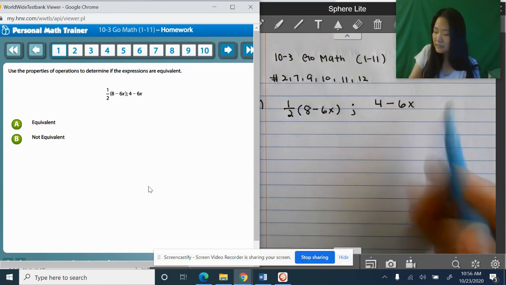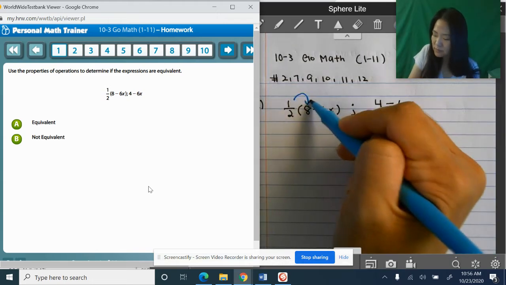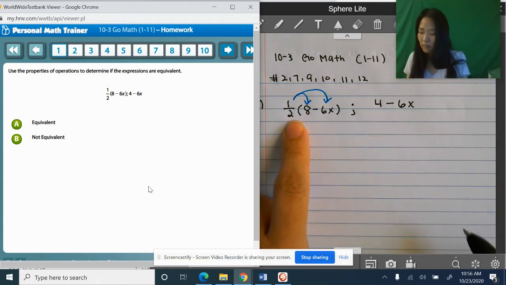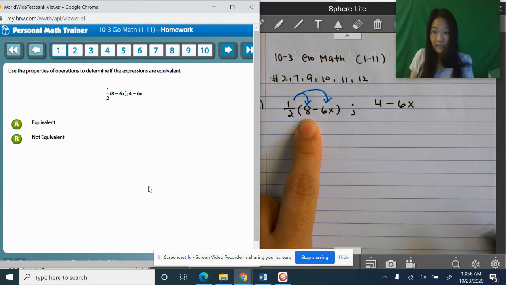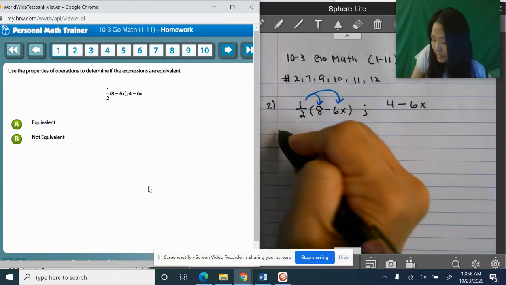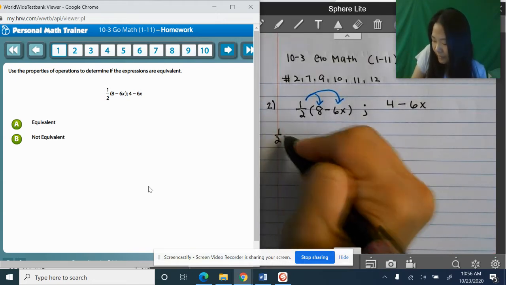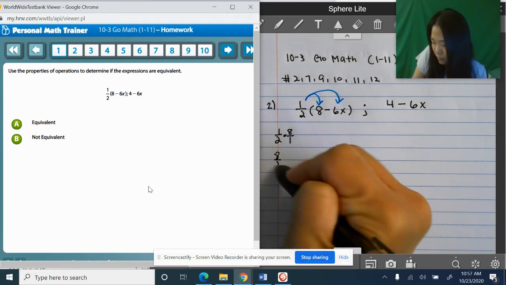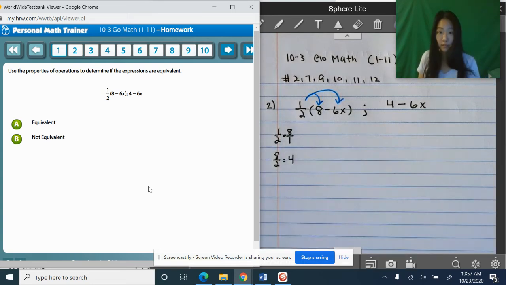To do that, I need to first evaluate any distributive property. So I need to do the distributive property on the first expression. So 1/2 times 8, just let me really quickly on the side show you that. 1/2 times 8 over 1, which is 8 over 2, which is equivalent to 4.